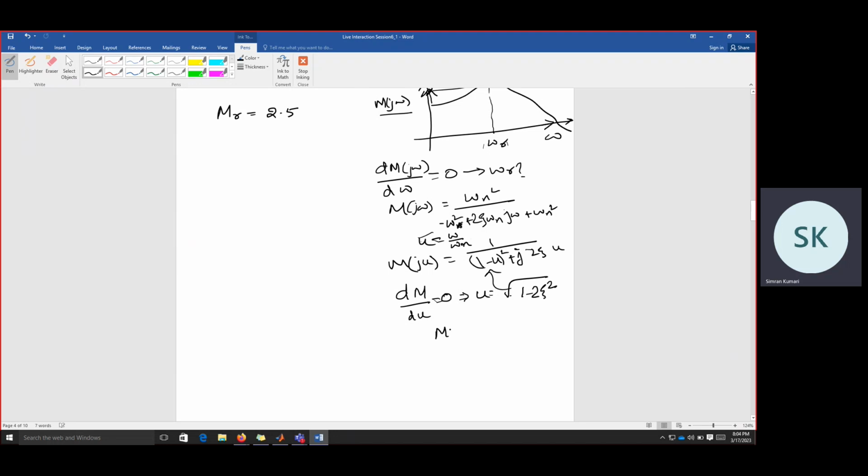That will be M_R, which is equal to 1 by 2 zeta root under 1 minus zeta square. Okay, so once you find u, what would be the omega r? This will be omega n root under 1 minus 2 zeta square.